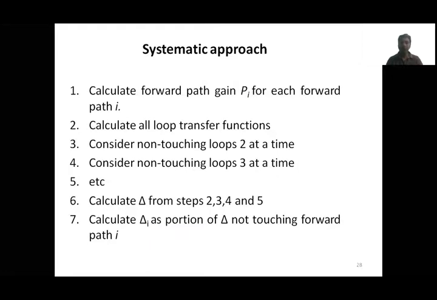Third, we identify the non-touching loops, two non-touching loops, then three non-touching loops, and so on, and calculate the non-touching loop gains. Then we calculate the delta value as per the formula. Then the seventh step is to calculate the delta value for each path, delta 1, delta 2, and so on. As many forward paths as there are, we will have that many delta values.